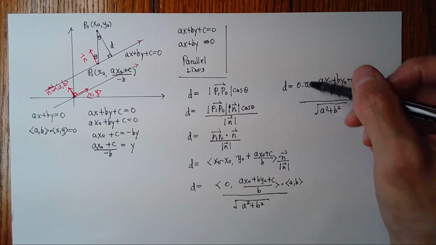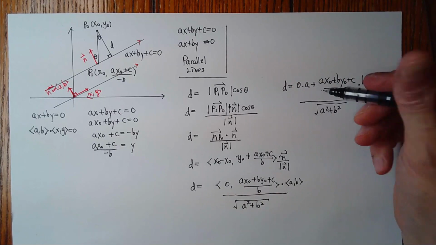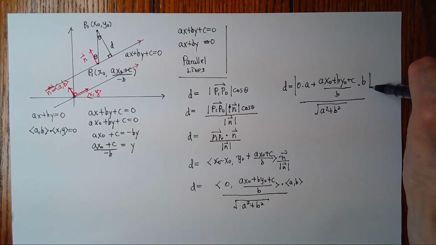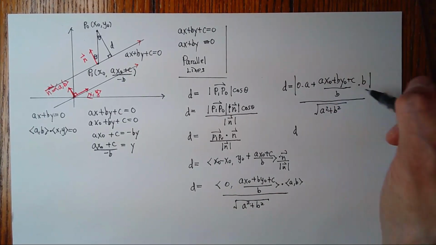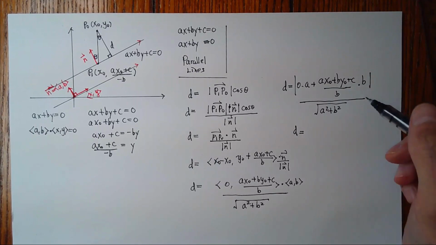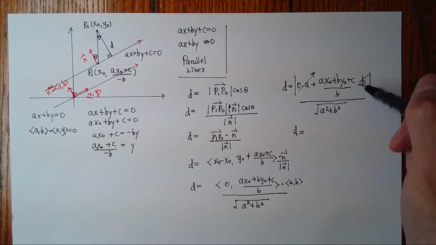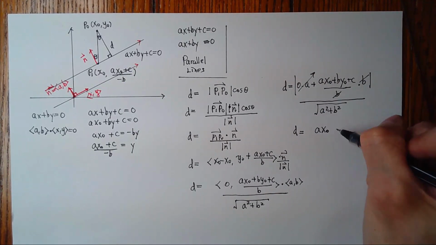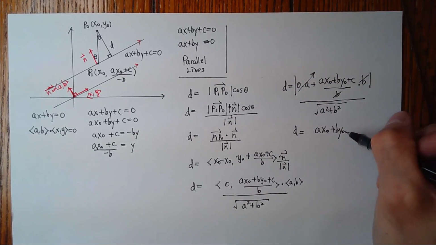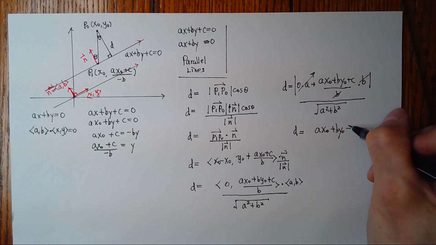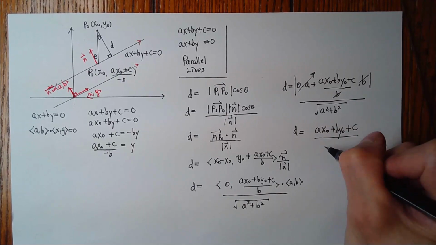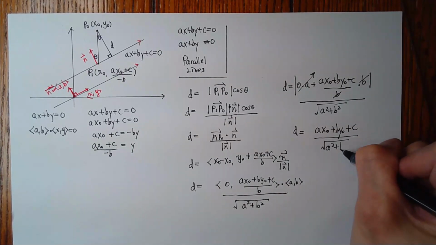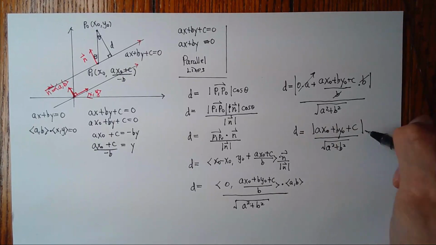But we are finding the distance, so we take the absolute value of this expression. So d equals, that is just 1, and that cancels. So we have the absolute value of a x sub 0 plus b times y sub 0 plus c divided by the square root of a squared plus b squared.